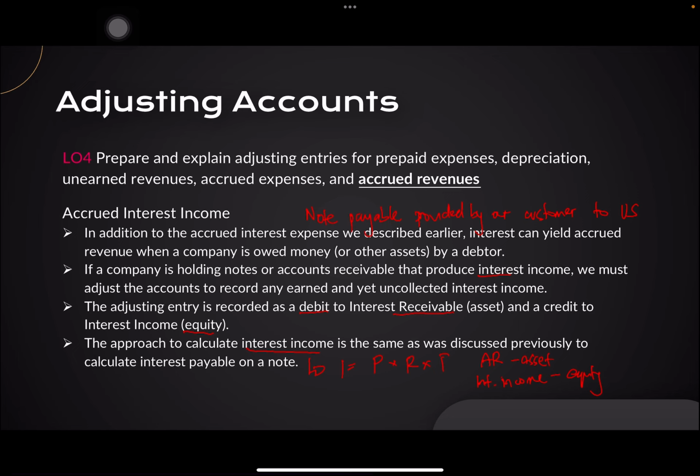Right? So you may want to go back to our interest expense video to know how to calculate for the interest. Again, it is just getting the product of your principal, rate, and time.